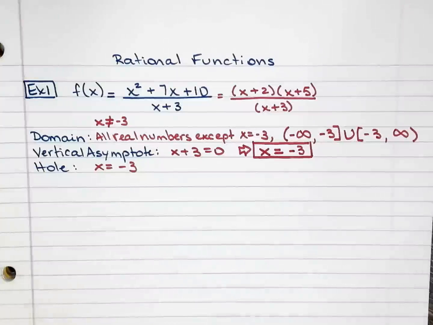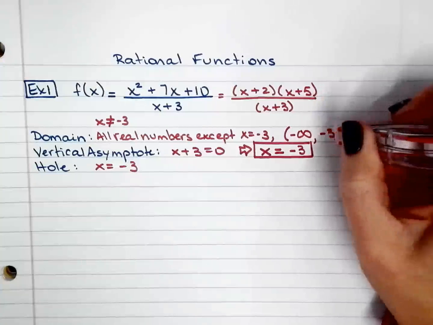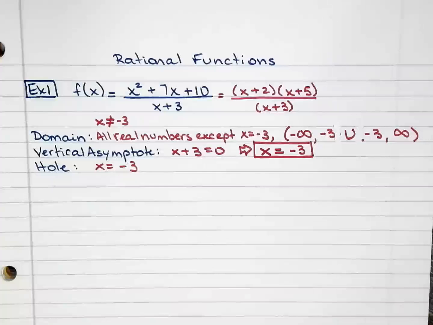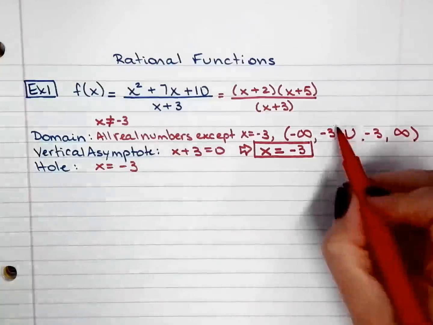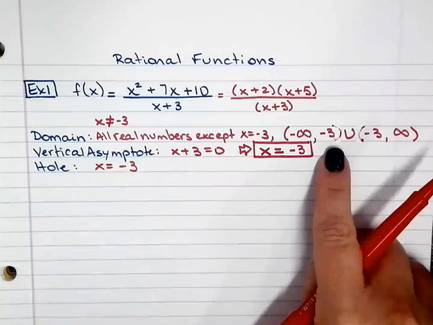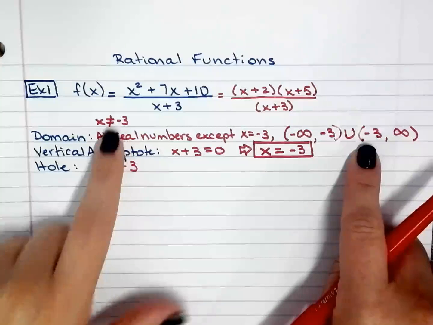I made a boo-boo here. It has to be non-inclusive over here, so it's not brackets, it's just simple parentheses, okay? I couldn't find my whiteout. Okay, so now that's way better. So it approaches -3, but does not include -3, just because we said that right there.